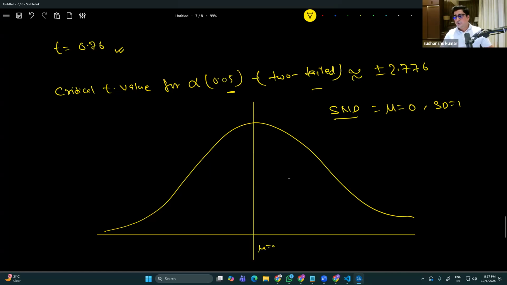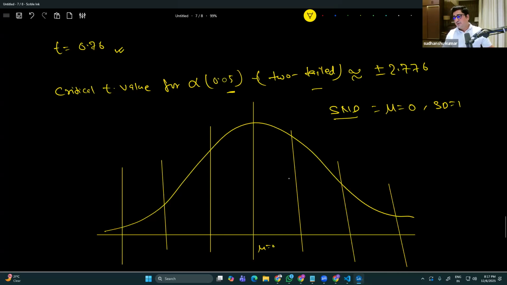So here mu is equal to 0, and then there will be one standard deviation, two standard deviations, and three standard deviations on this side. Again on the other side, one, two, and then three standard deviations.